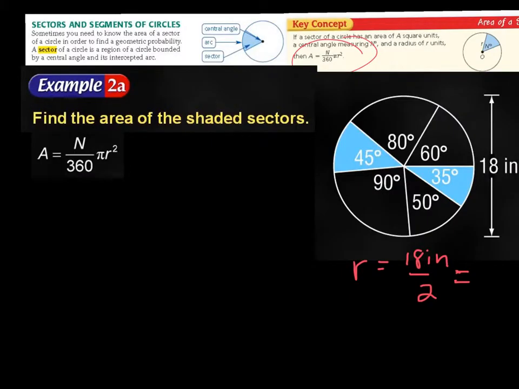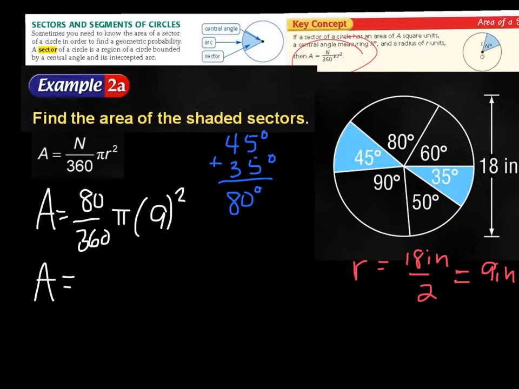Okay, to find the area of the shaded sectors, first we're going to have to find the radius. So we need to take the diameter divided by 2, so 9 inches. And you probably wouldn't show this step either. We're going to add and get our total angle that is shaded. So 45 degrees plus 35 degrees would be 80 degrees.